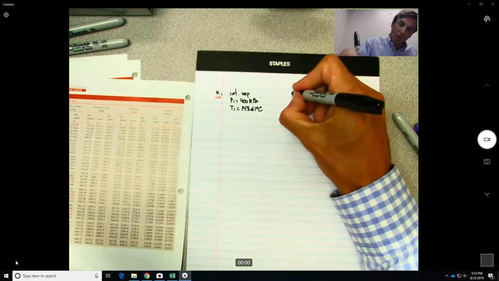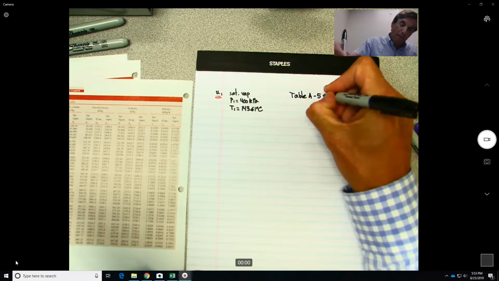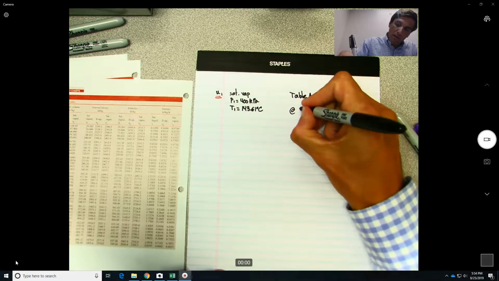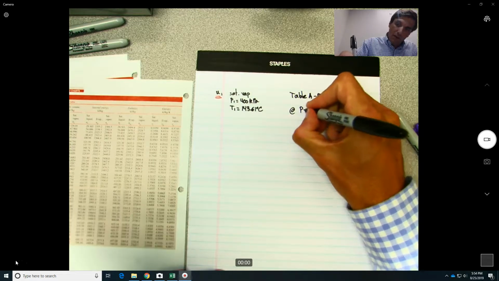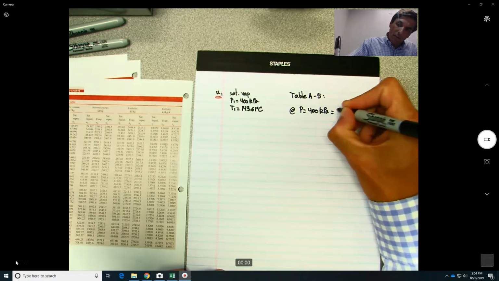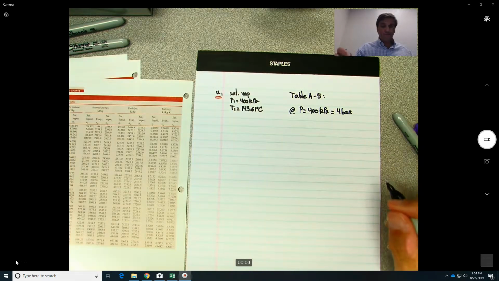So let's go again to table A5. At P equals 400 kilopascals, which is the same as 4 bar, what do we know?